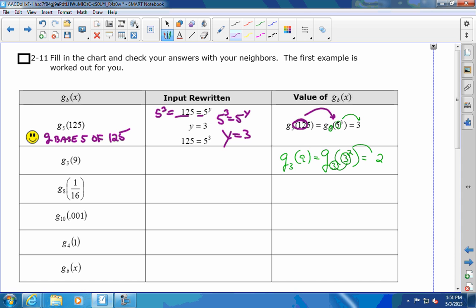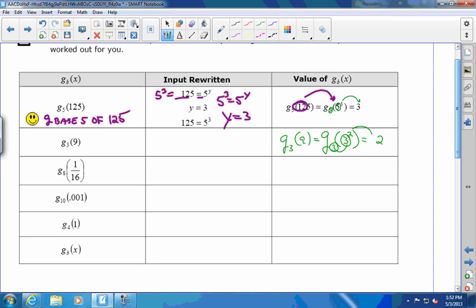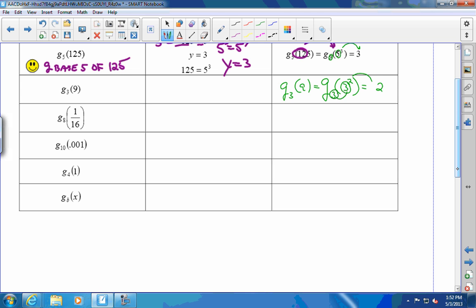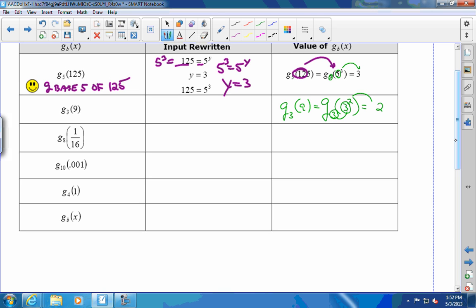The next one, I think, is one of those funny ones Linda was just doing a minute ago. So this is going to take a little more work. If I follow my middle column, it says 1/16. That's what I have in the parentheses. 1/16 is going to equal, what's my base of my exponent? 8 to some power called y.